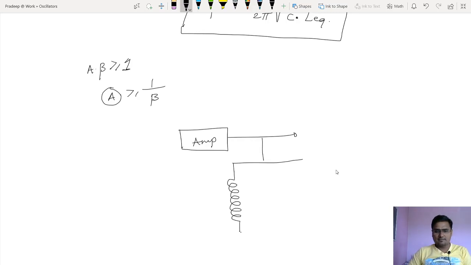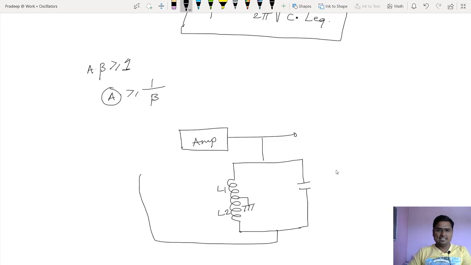Yes, this is the inductor, and this is the capacitor. Split inductor is there. It means this is L1. This is L2. And what else? Okay, this has to be connected.